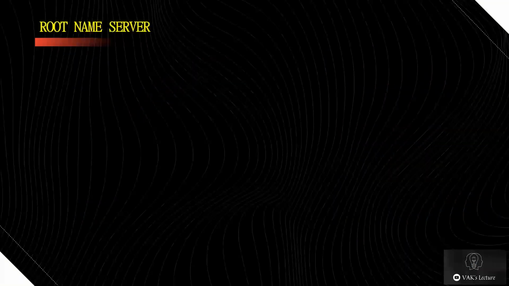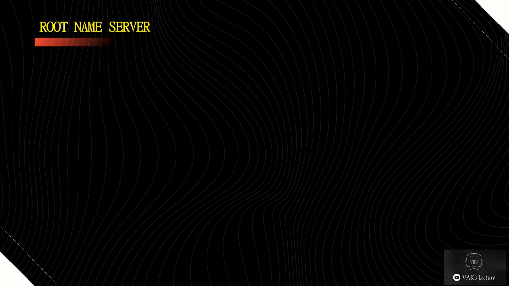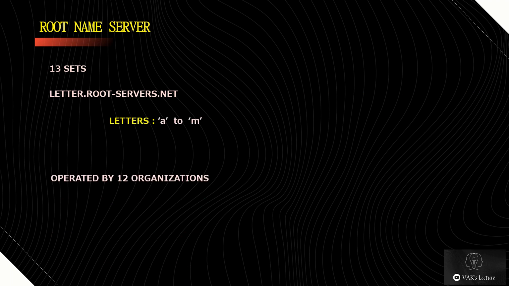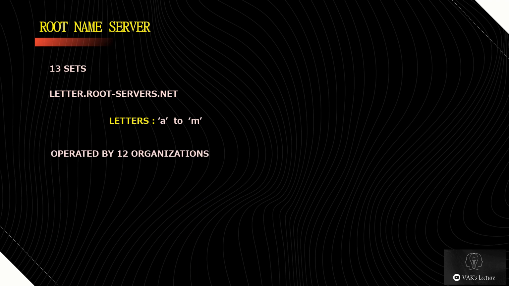Root Name Server. There are 13 sets of root name servers, logically named letter.rootservers.net, where letter ranges from A to M, and are operated by 12 different organizations.